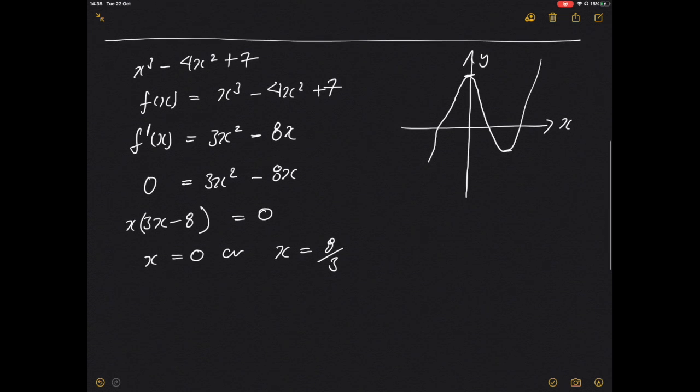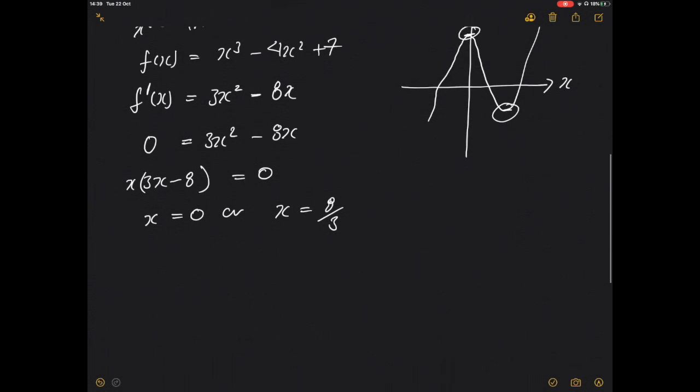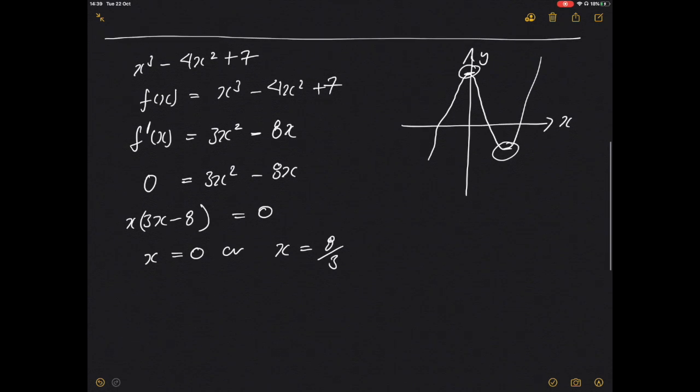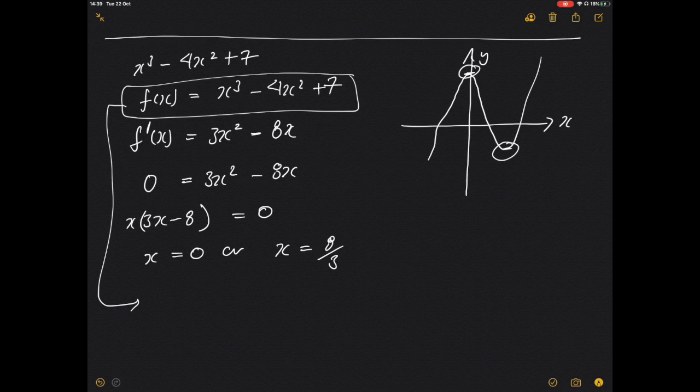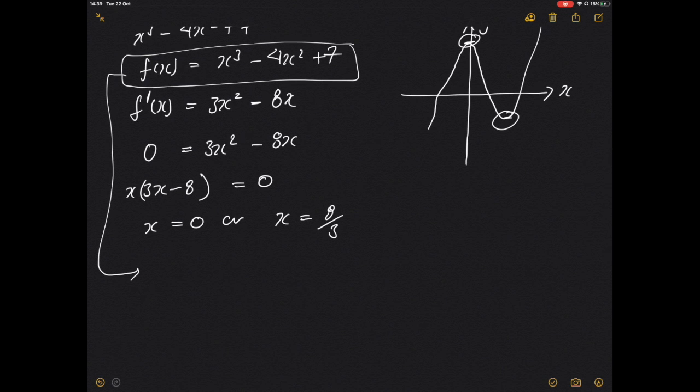Okay, so that makes quite perfect sense. Now we can see from this plot that quite rightly our first point here where it crosses is x equals 0, and this would be x equals 8 over 3. If we check that on the calculator, I'm sure we'd find that that's correct. We also have a descriptor of this function, so if we're on a y-axis, we can find that y equals x cubed minus 4x squared plus 7.